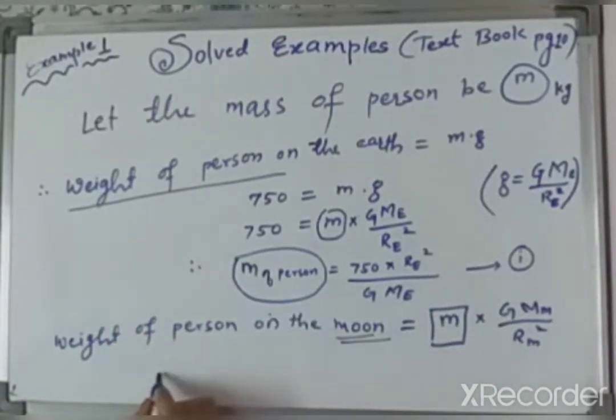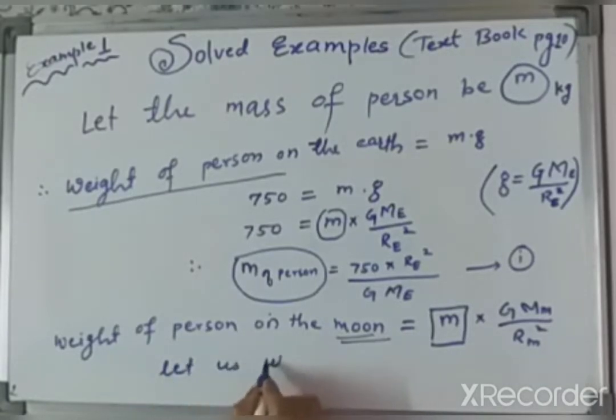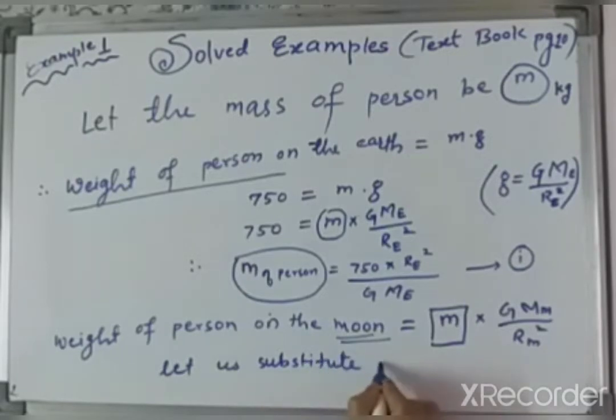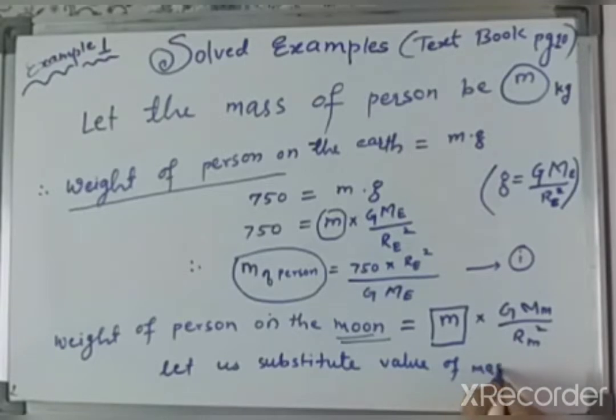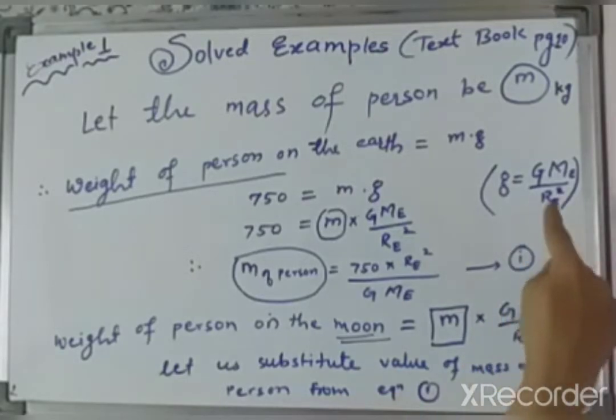So let us substitute the value of the mass of the person from equation 1. Up to here all the steps are clear.